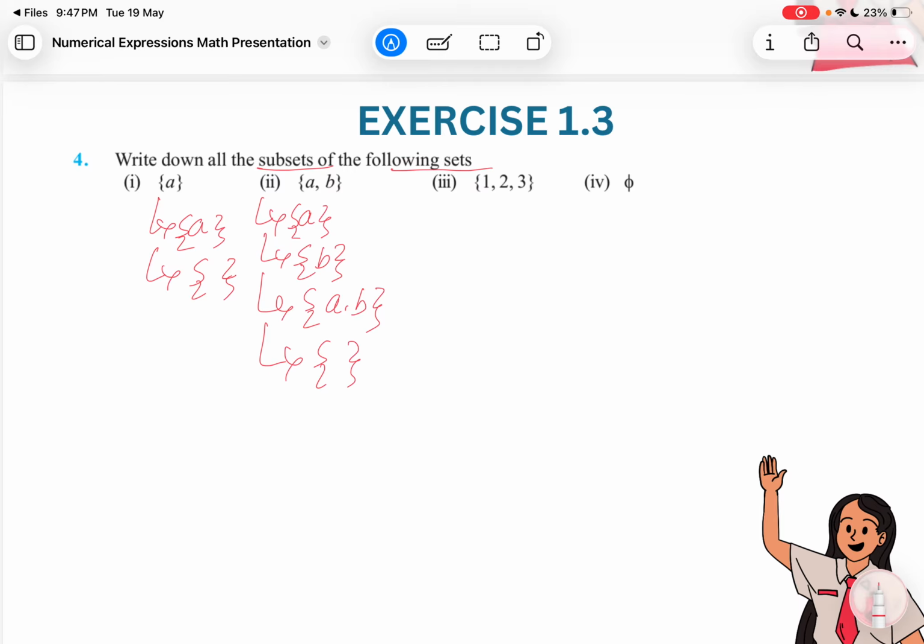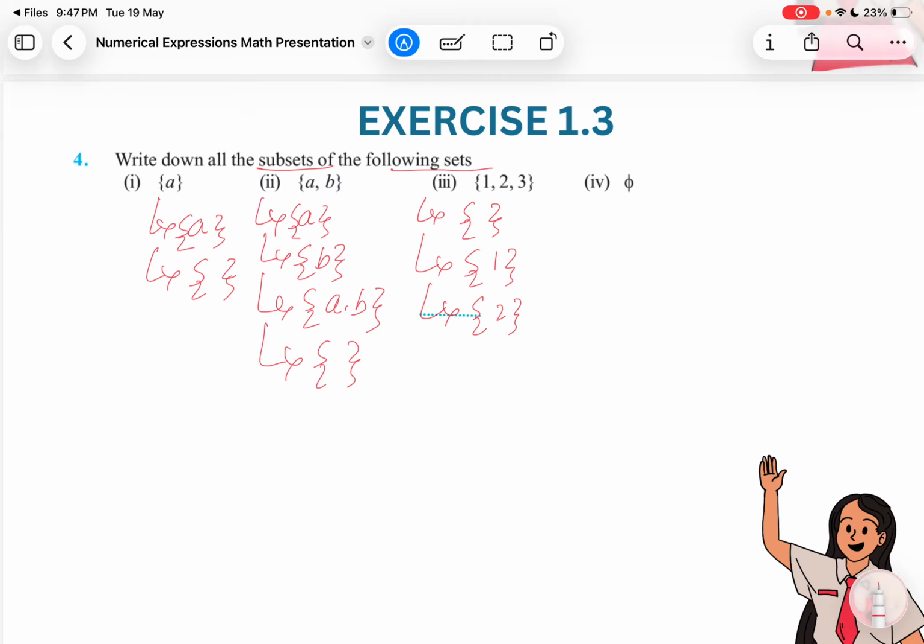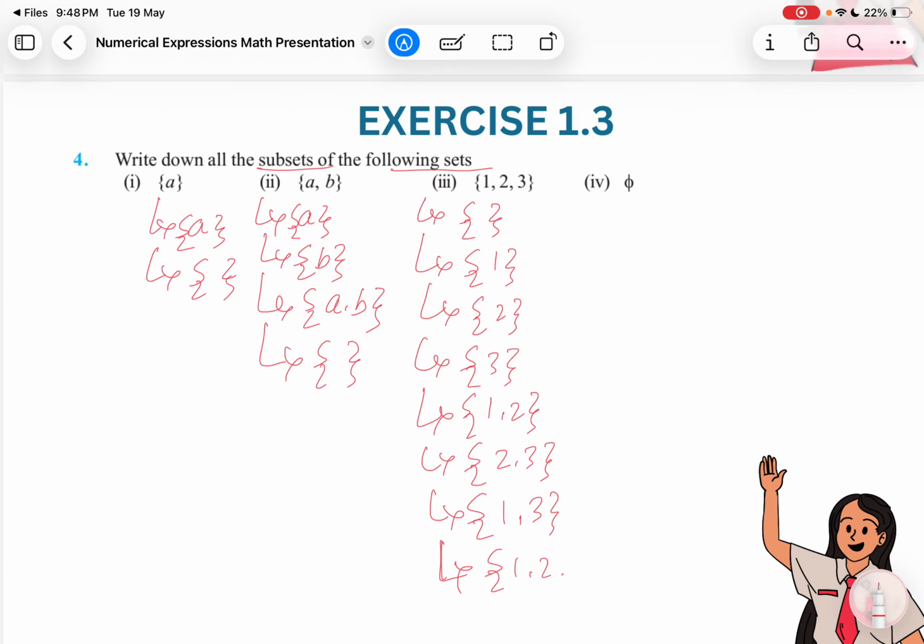Actually the empty set can be written at first, right here, an empty set, second one, third two, three, fourth 1 2, then 2 3, then 1 3, lastly the set itself 1 2 3.